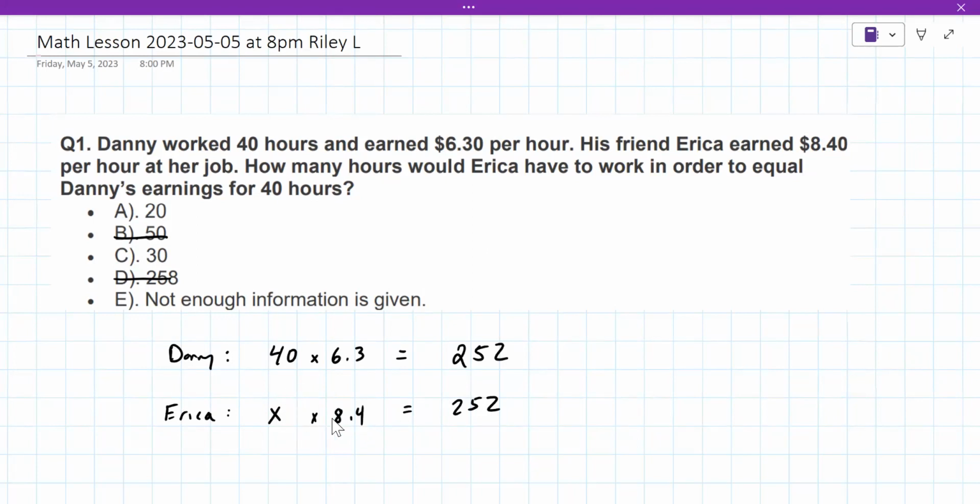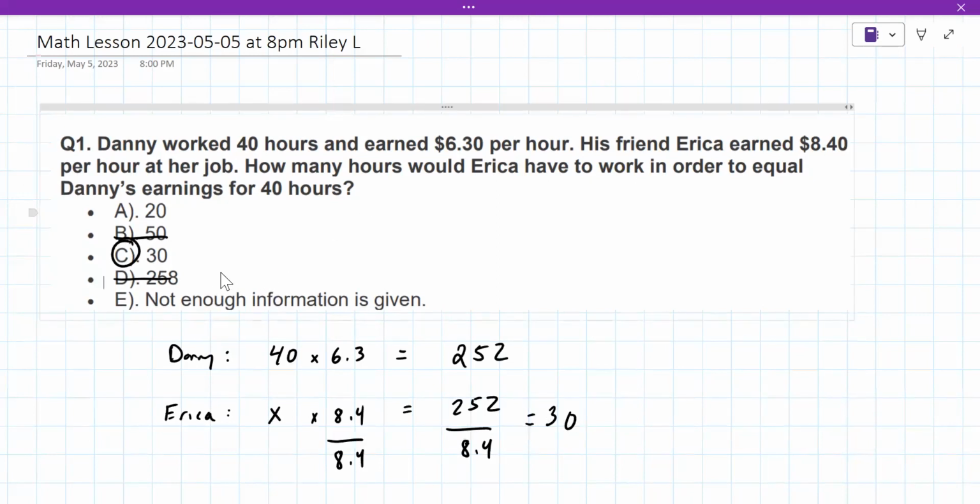So if we divide that total by 8.4, we will get the number of hours. So go ahead and divide that by 8.4. 30. Should be 30, right? So we shouldn't be too surprised by that. We kind of knew that was the answer without doing any of the calculations.